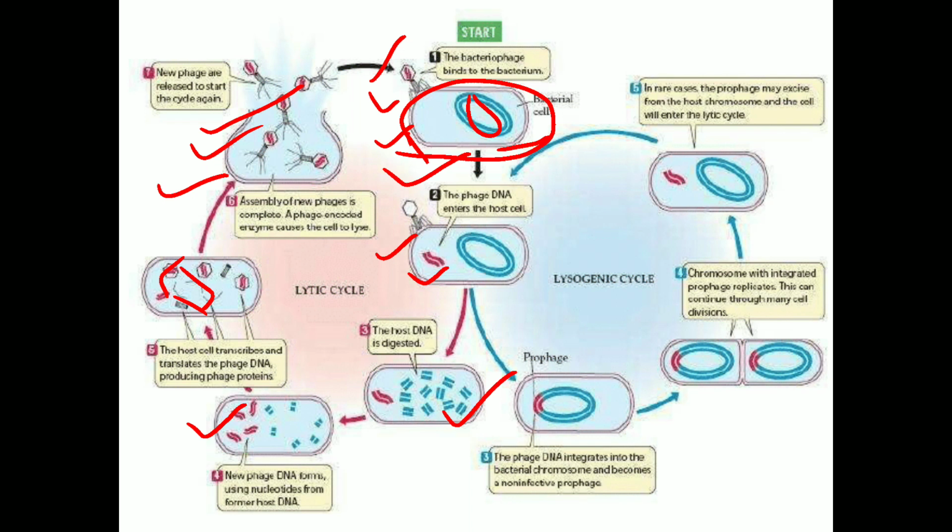Once the viral DNA enters inside the bacterial cell, it takes control all over the bacterium. It secretes some enzymes, and due to the enzymes, or nucleic acids, which come inside the bacterial cell, there is a breaking of the bacterial DNA.